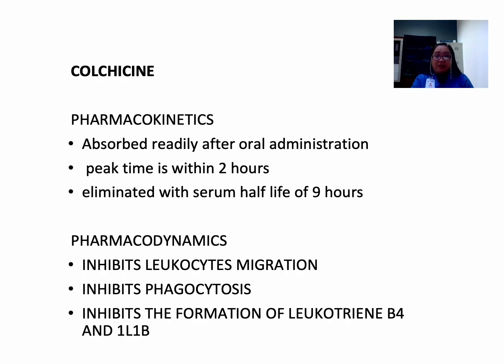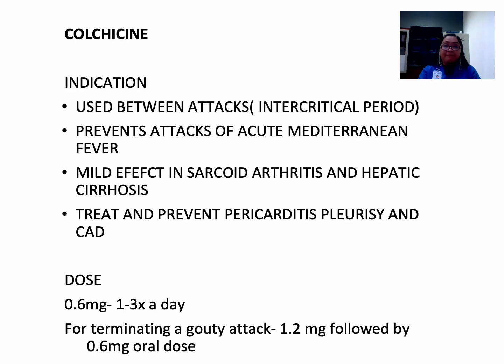The next medicine, as per the diagram that I made, is colchicine. Colchicine is absorbed readily after oral administration. The peak time is within 2 hours and it is eliminated with a serum half-life of 9 hours. What are the pharmacodynamics? I mentioned earlier that it inhibits leukocyte migration, it inhibits phagocytosis, and it inhibits formation of leukotriene B4 and IL-1B as well. The indication is use between attacks.